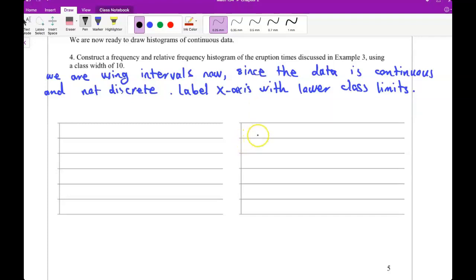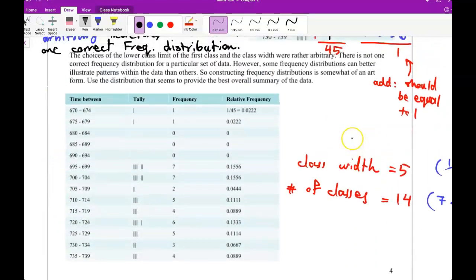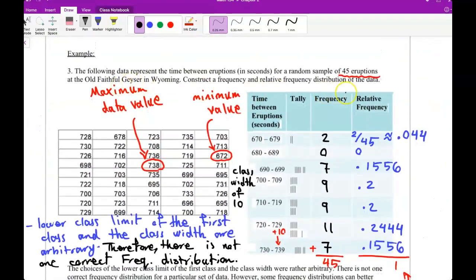I'm writing that here. So what's here? Your option, add Old Faithful.